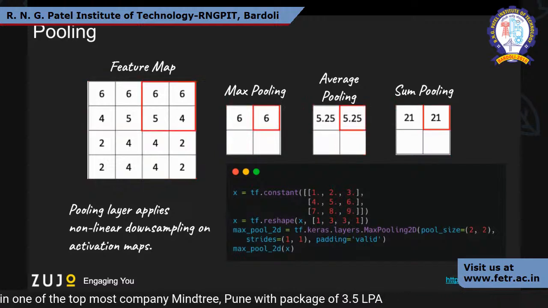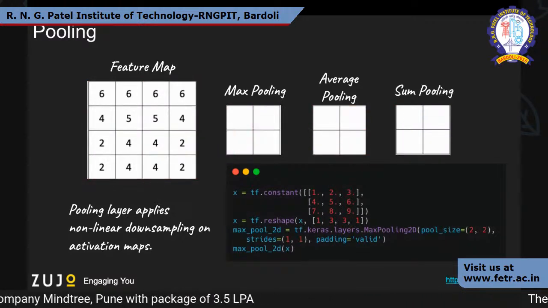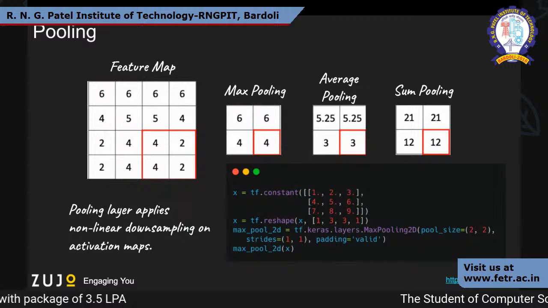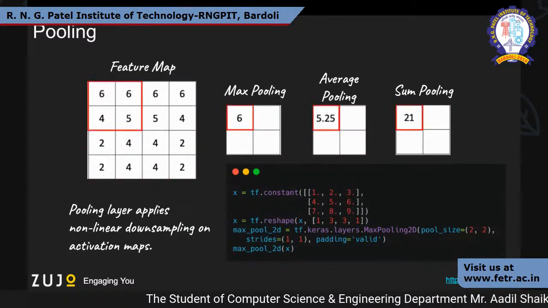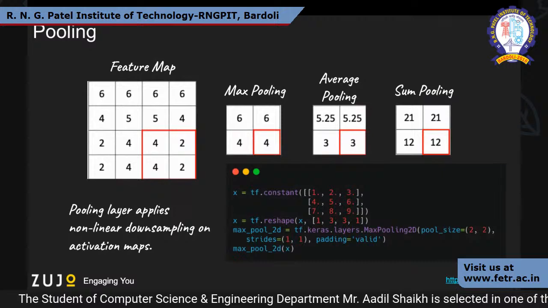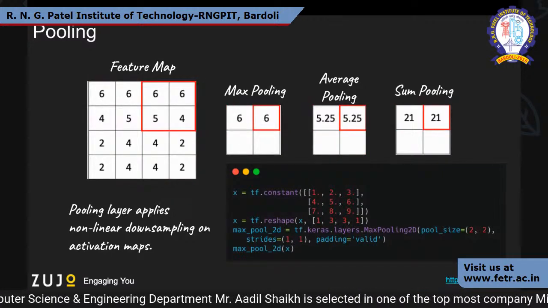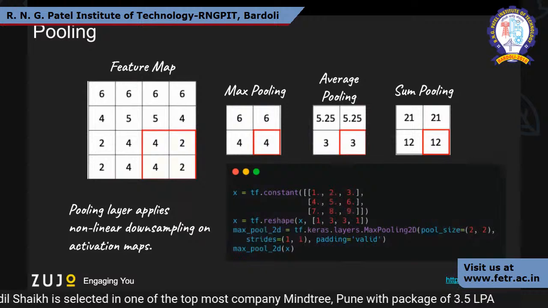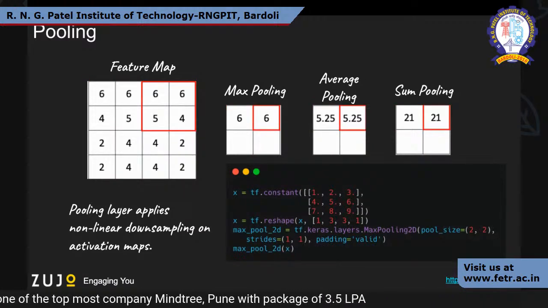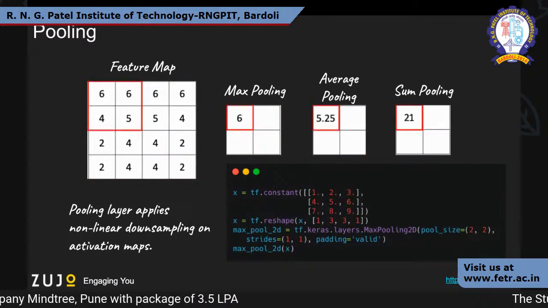Now what we are doing here is compressing the data more, to focus only on the values that matter rather than the values that do not matter, right? To do that, we perform pooling on that feature map.